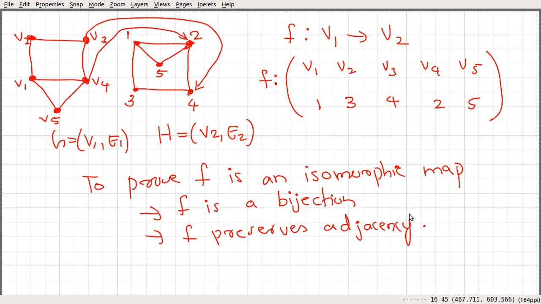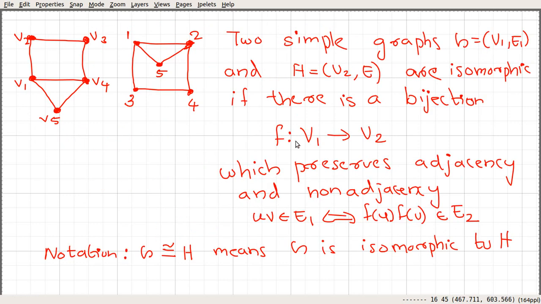Okay, so if F satisfies these two conditions, then by definition we can say that G and H are isomorphic.